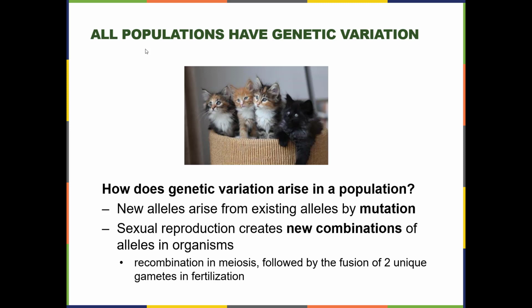Now, there are repair systems that will come in and repair those, but just like any system in biology, they are subject to failure as well. So some mutations don't get repaired, and therefore all populations have genetic variation because they all rely on DNA polymerase. So you can blame DNA polymerase and the failure of the repair systems.